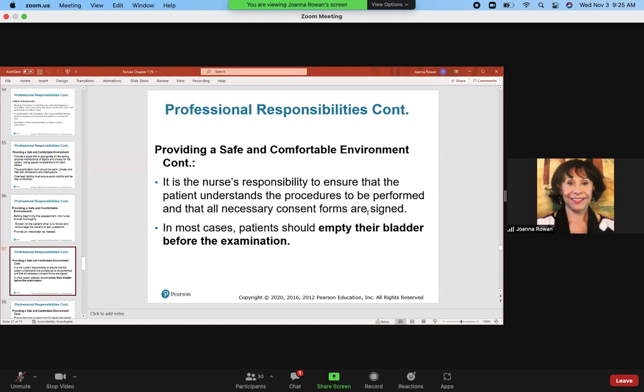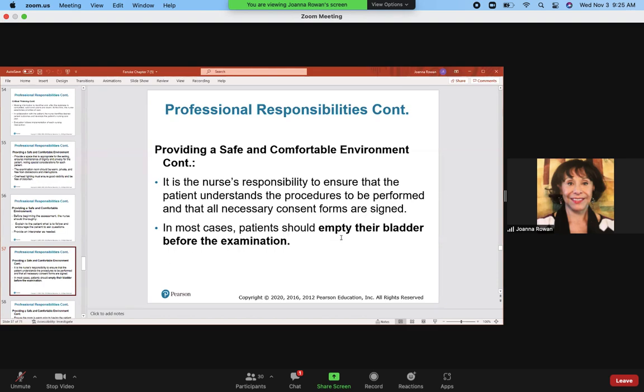This will be the case not necessarily with a physical assessment, but if you are explaining that the patient is going to have maybe an MRI or some type of diagnostic study, of course the patient has to sign.